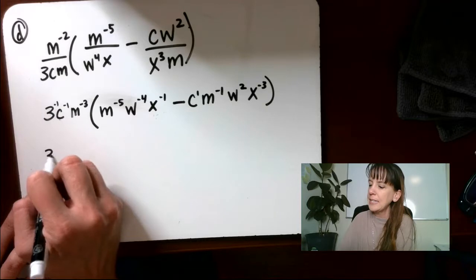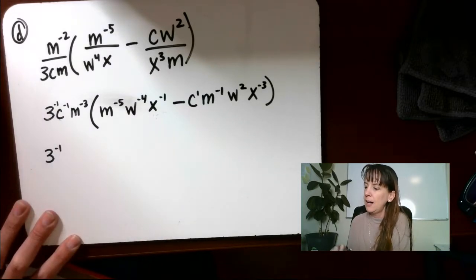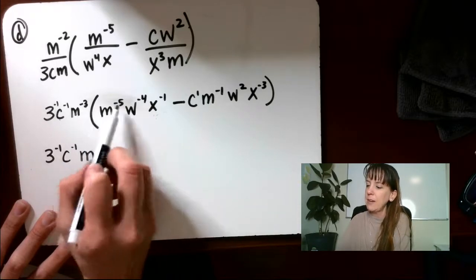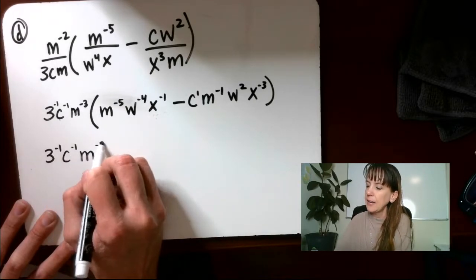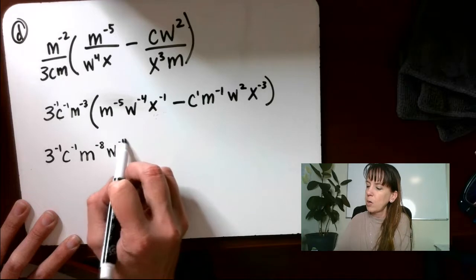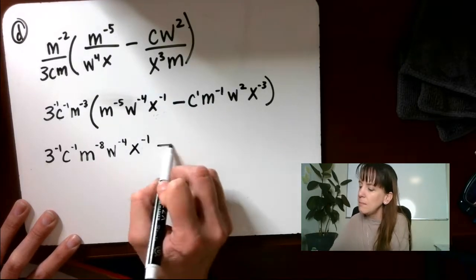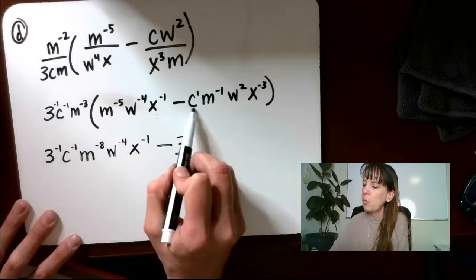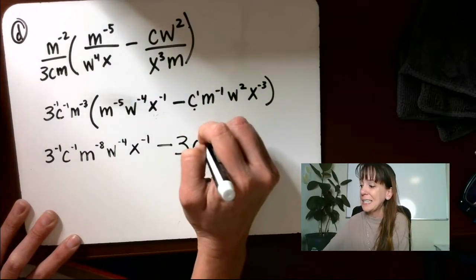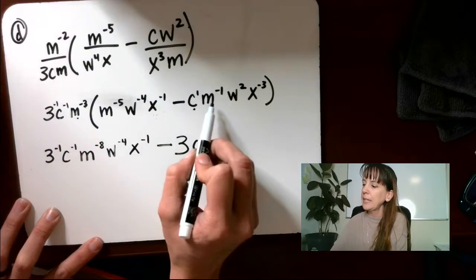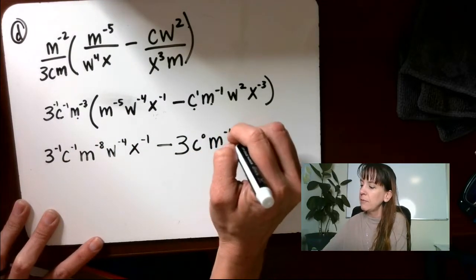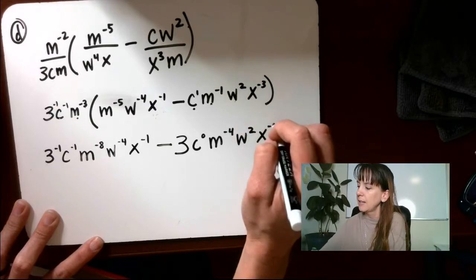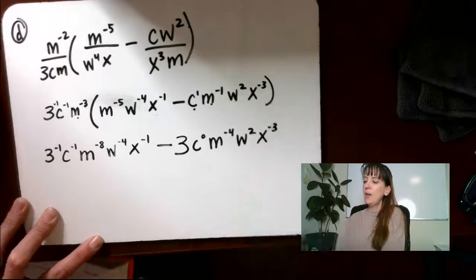So we get 3 to the negative 1, c to the negative 1, m to the, and we add these guys up, 5, 6, 7, 8, so m to the negative 8, w to the negative 4, x to the negative 1, minus, this gets distributed to here, so we have 3, c to the negative 1, c to the 1 gives us c to the 0, m to the negative 3, m to the negative 1 gives us m to the negative 4, and then w to the 2, x to the negative 3. Okay, so this would be your answer.